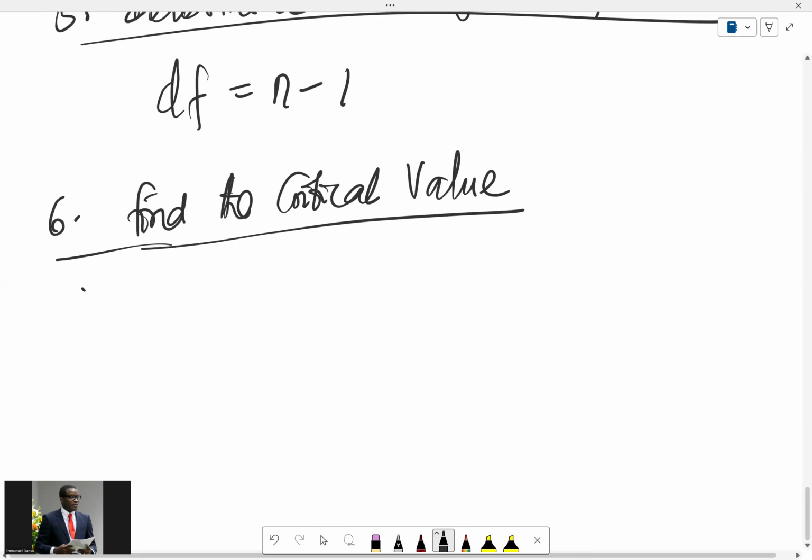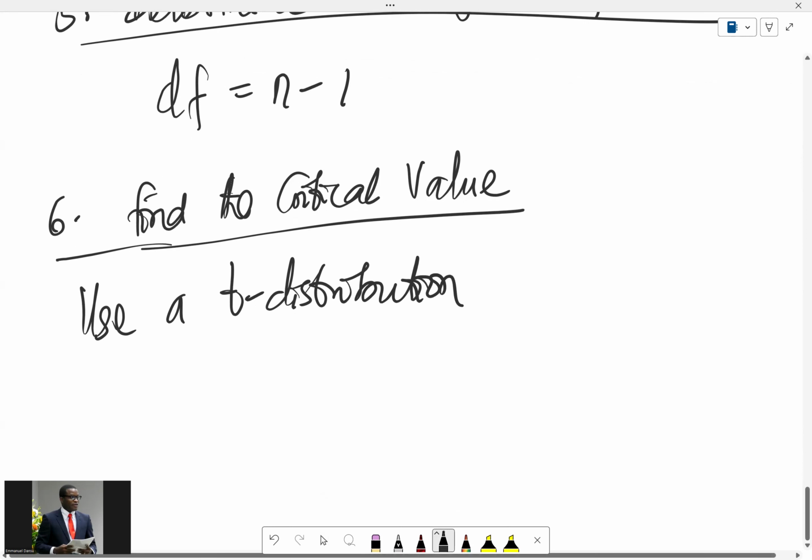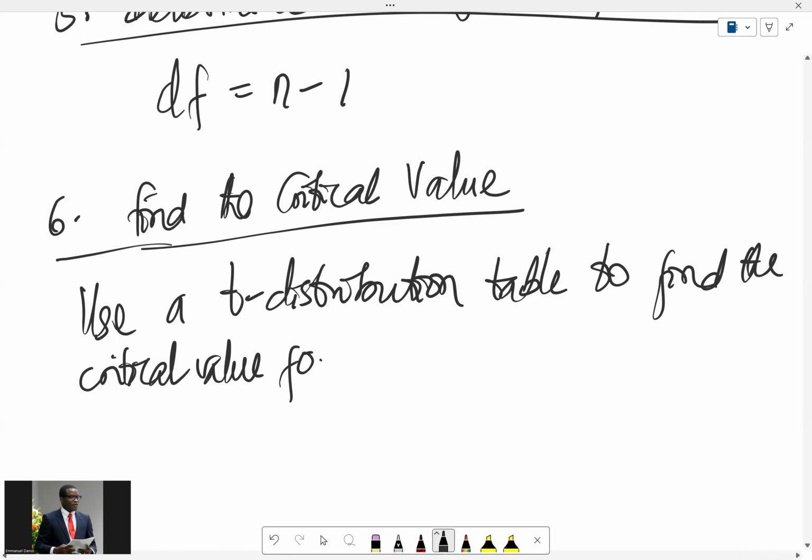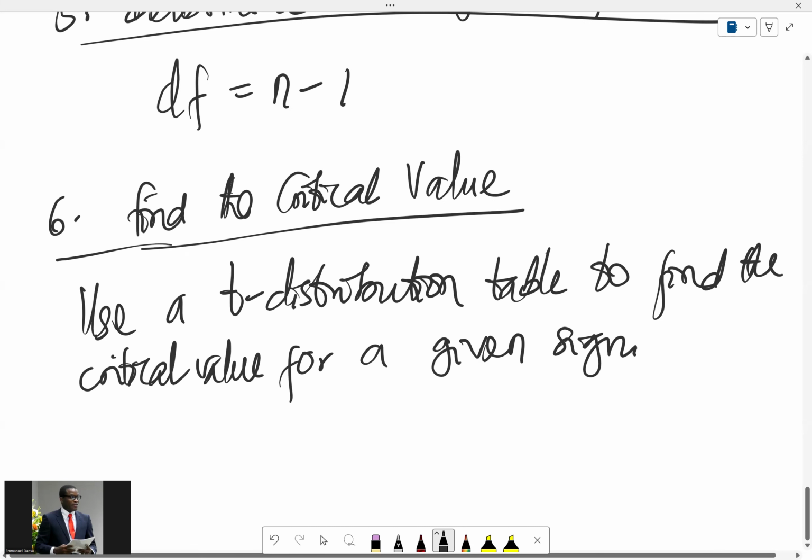So here, use a t distribution table to find the critical value for a given significance level. You have to choose the significance level you want, or if you're given one, you follow that.